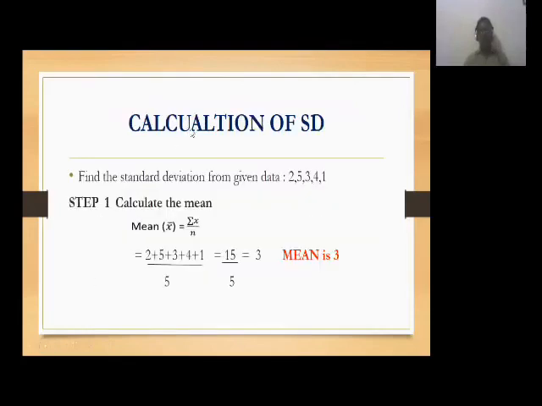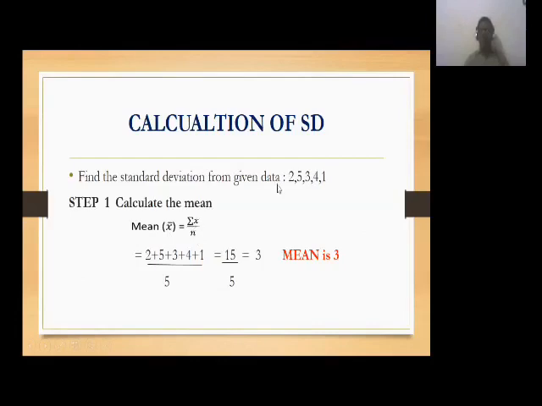So, calculation of standard deviation. Find the standard deviation from the given data. The observations are 2, 5, 3, 4, 1. To find the standard deviation, we first have to calculate the mean. Mean x bar equals sigma x by n.